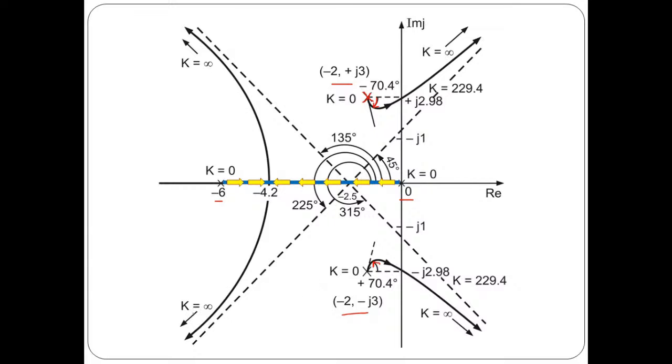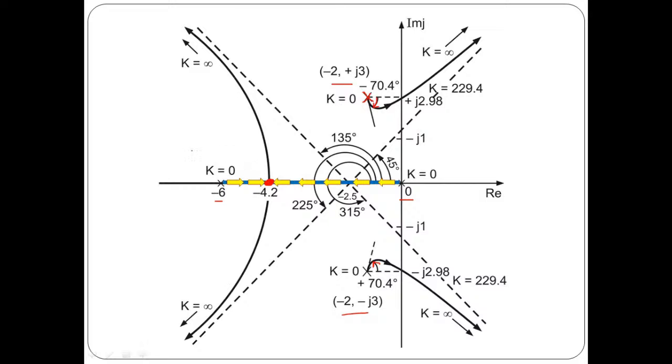So here let us focus and follow this arrow indicated by yellow color. Here one pole is at 0, another one is at minus 6, so one branch will start from minus 6, another one will start from 0, and they will reach the breakaway point.